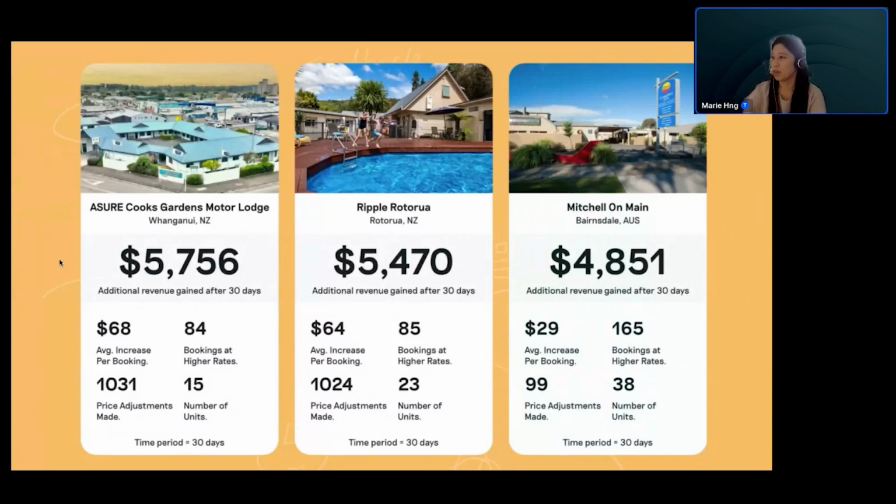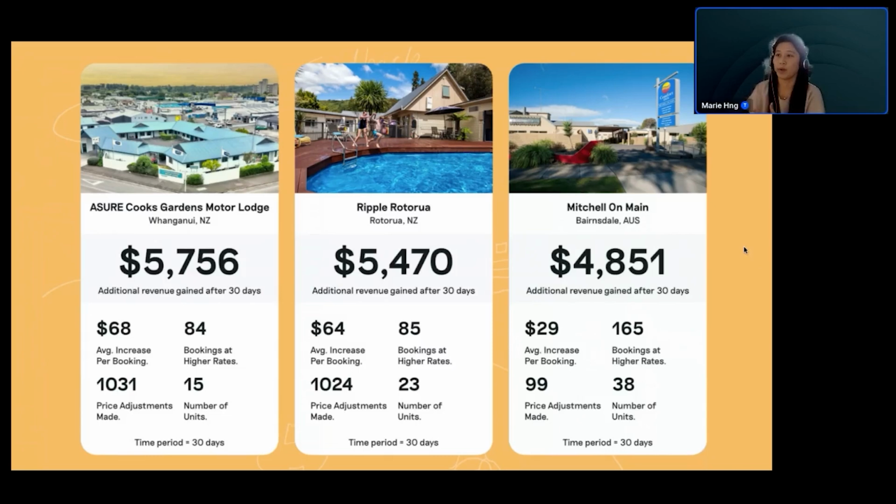Firstly, even though the total value in terms of actual increase in revenue is quite significant, when you actually look at the breakdown for a lot of our properties, the average increase is anywhere from $2 up to $20 max per night. So it's not an extremely high increase. Just from very, very minor tweaks in their rates, they have seen quite a significant change in their revenue.